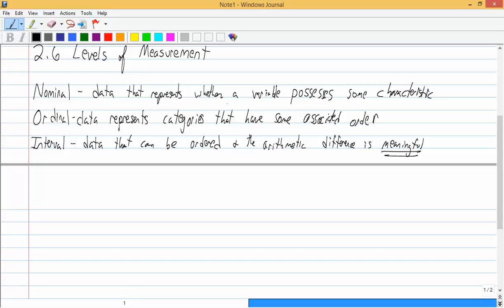So another example of that would be temperatures. Okay? So let's say that on one holiday, we'll leave the holiday unnamed, it was 82 degrees. But then 3 weeks later, it was 25 degrees outside.